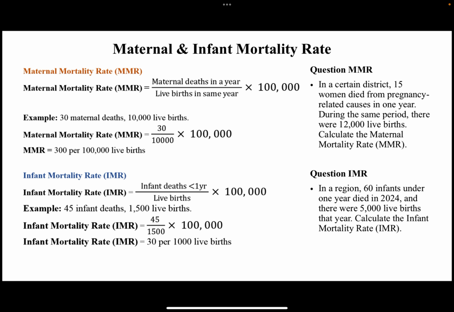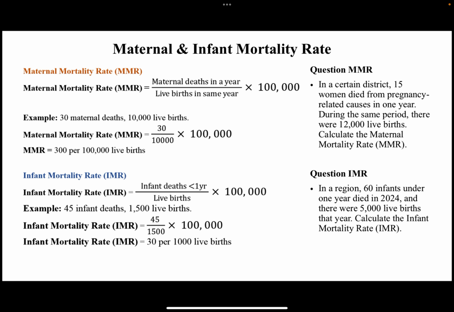So the formula for maternal mortality is the maternal death in a year over the live birth in that same year. So in the question, we will always give you the maternal death, and you will always be given the live birth in that year. Then you multiply by 100,000. The same applies to infant mortality. In the question, you'll be given the number of infants that are dying in a particular year.